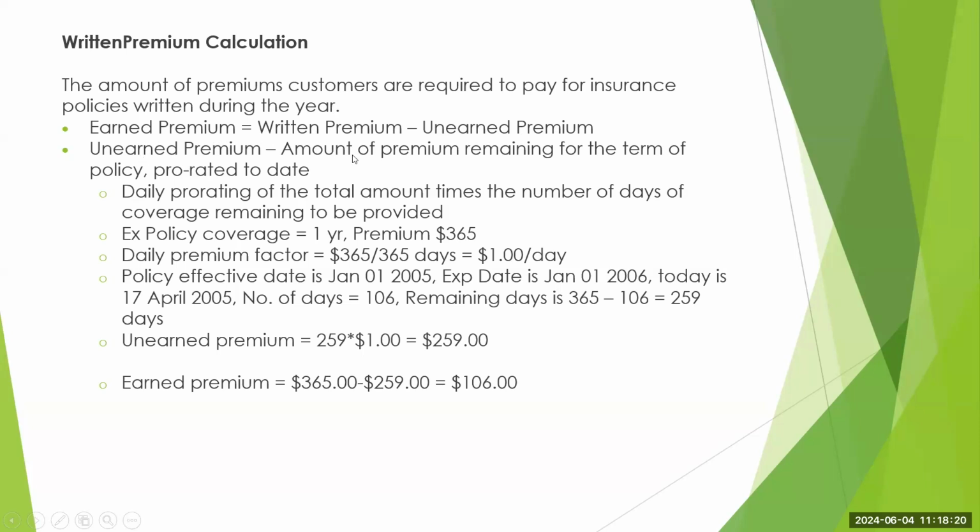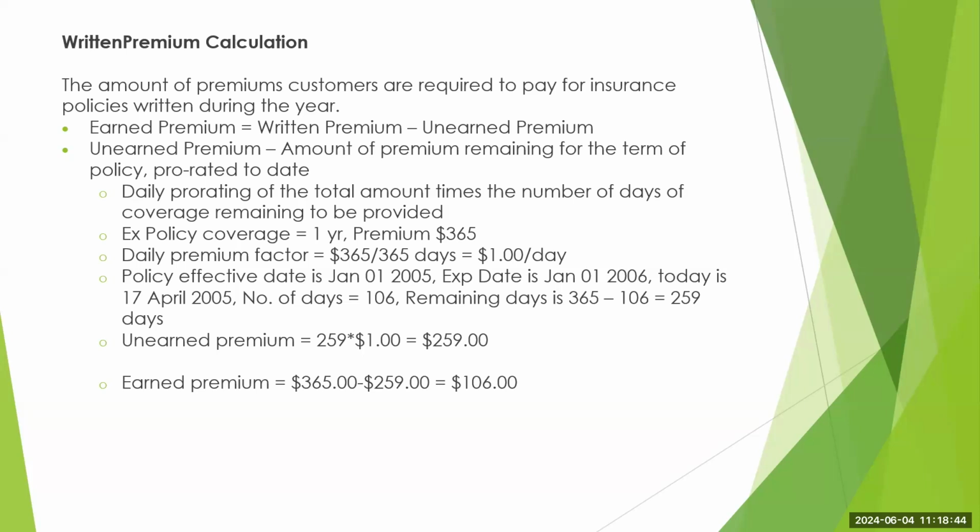Unearned premium is nothing but the amount of premium remaining for the term of the policy, prorated to date. Nothing but whatever is left. For example, you have taken the insurance policy for 6 months. Now 2 months are completed.